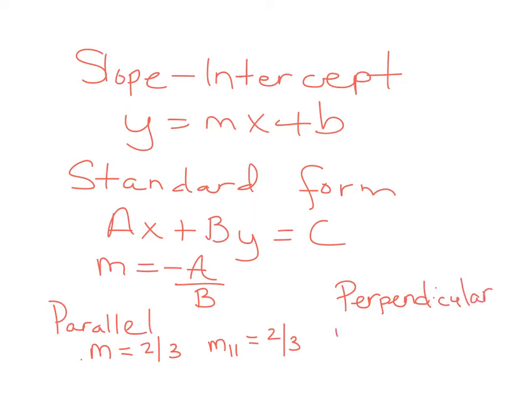If a given slope is negative 2/3, I flip it over and make it the opposite, so it becomes positive. If the original slope is positive, then perpendicular will end up being negative.